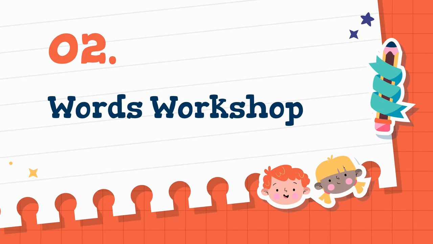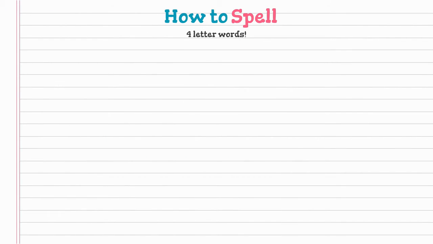2. Words Workshop. How to spell 4-letter words. We will be spelling 5 words today. Our first word is they. This spells they. Our second word is fish. This spells fish.